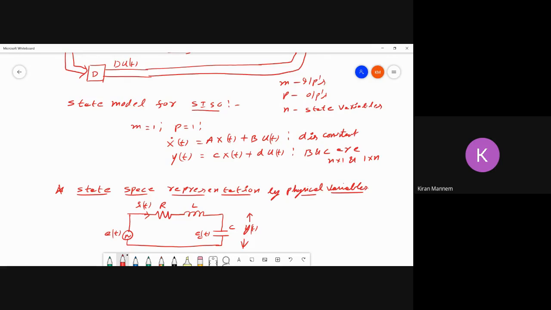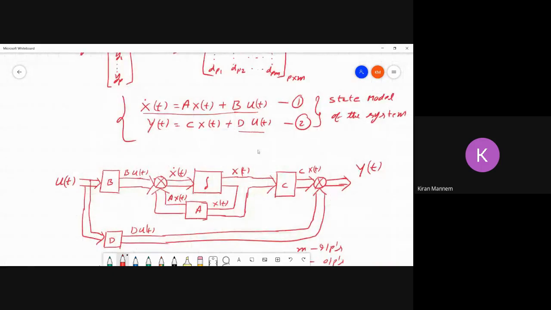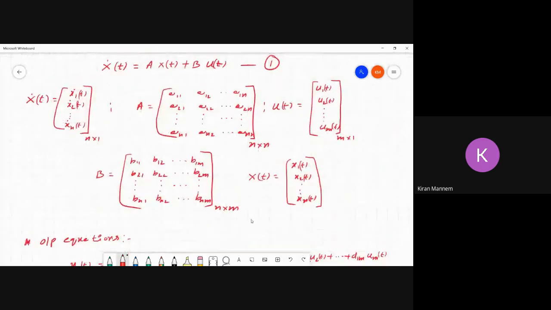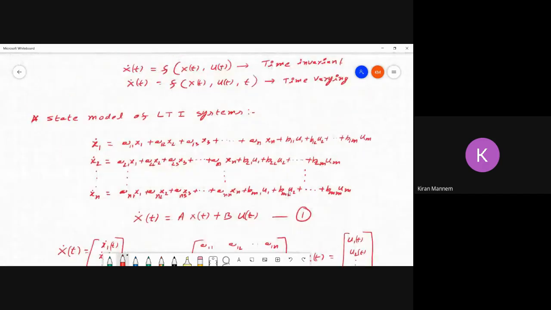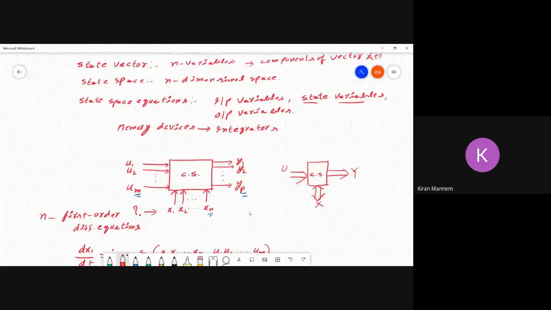We'll continue this after tomorrow's class. So I'll summarize all the points. We started with the basic definitions of the state, state variables, state vector, state space. Let us see all the points here.